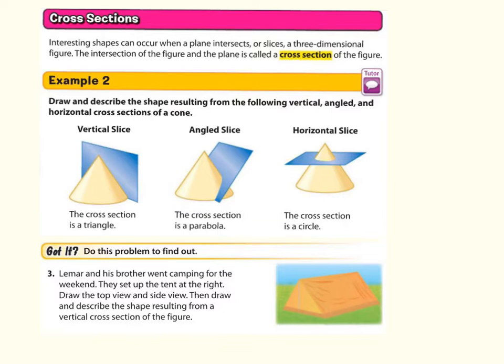So basically, okay, if you were to just take a big knife and cut that tent right down the middle, okay, slicing it vertically, you would actually get a triangle once you opened it up. And you have to be able to imagine seeing that, okay? All right, let's move on.